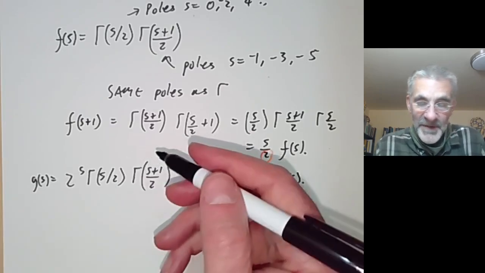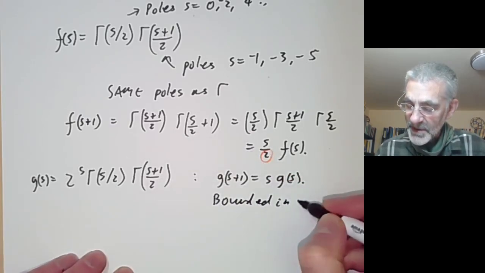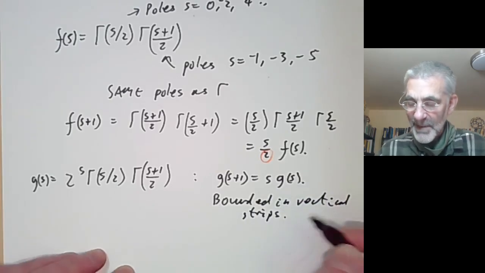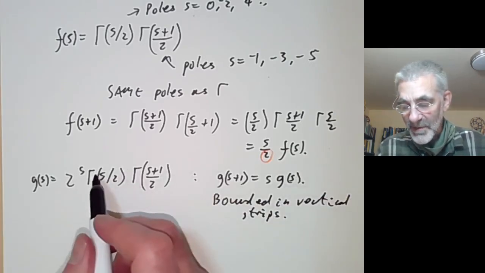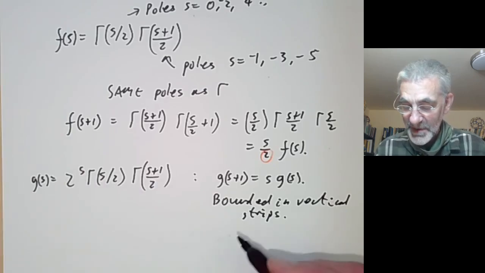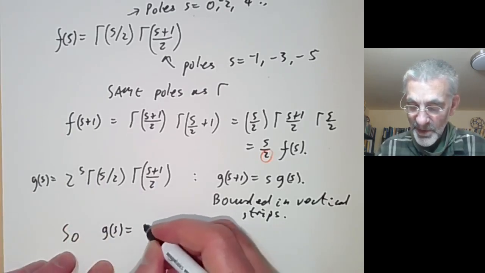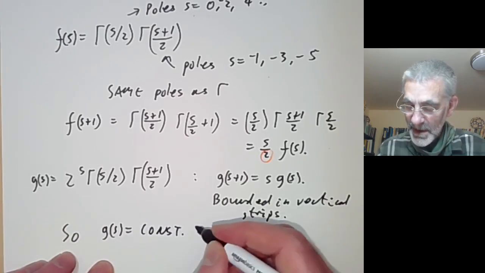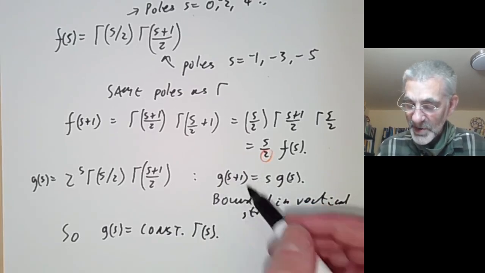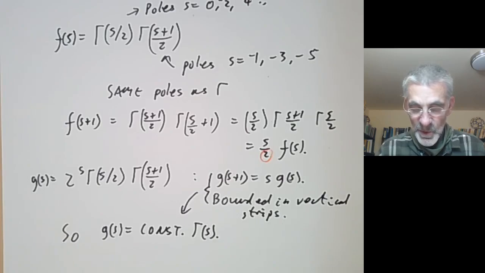What about its behaviour in vertical strips? Well, it's obviously bounded in vertical strips, except near poles, because this is true for gamma of s, and 2 to the s is also bounded in vertical strips. So g of s is equal to some constant times gamma of s, because gamma of s is a unique function with these properties up to a constant. And what is this constant?